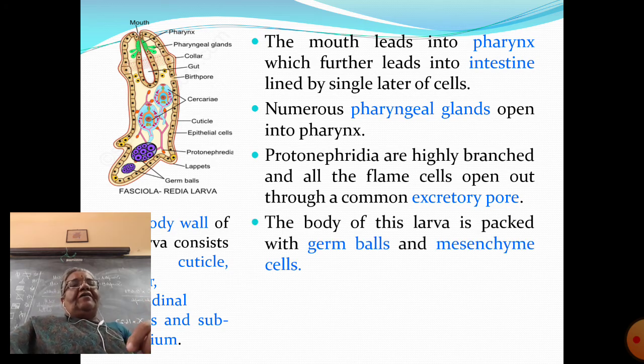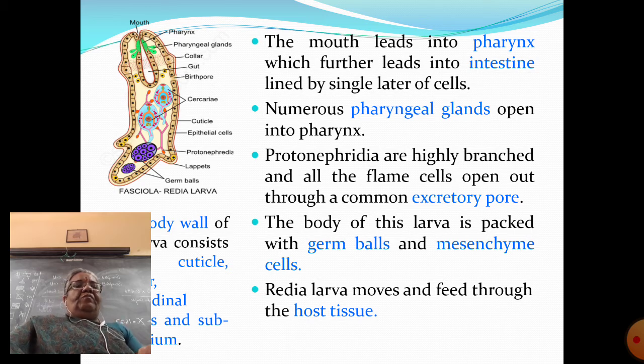Then the body of this larva is packed with germ balls and mesenchyme cells. What you see here towards the posterior aspect, they are the germ balls, right? So, the body of the larva is packed with germ balls and mesenchyme cells.